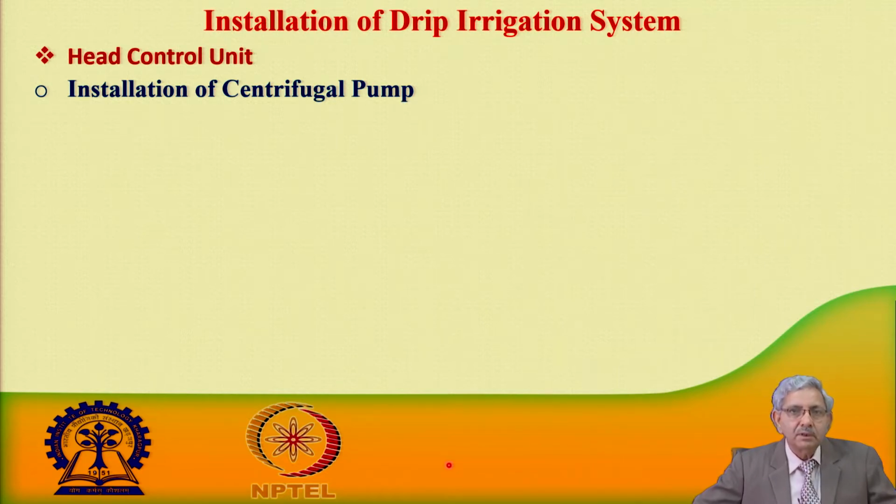So, when we talk of head control unit, the first important point is installation of the pumping system or overhead tank. But overhead tank has a limited capacity, or we need to lift water at adequate height.